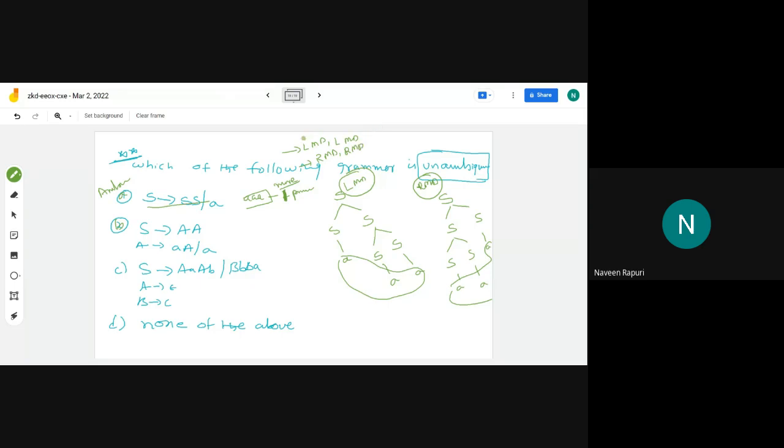When you construct two LMDs, two RMDs, or one LMD and one RMD, in any case, if you get two different trees, the grammar is ambiguous grammar. Okay, next.